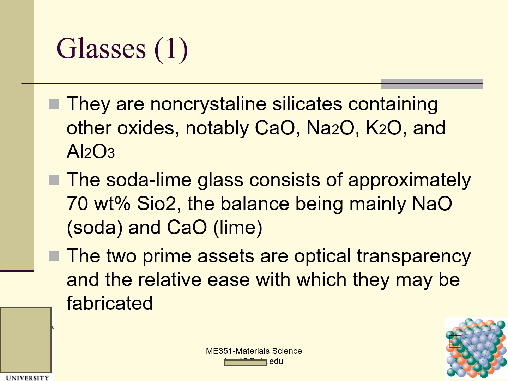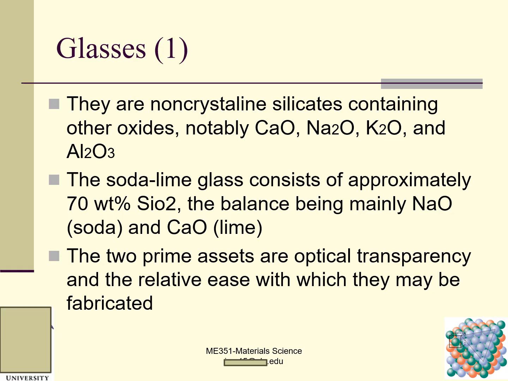The first category, glasses, are non-crystalline silicates containing other oxides, notably calcium oxide, sodium oxide, and potassium oxide, along with aluminum oxide. The soda lime glass consists of approximately 70% of silicon dioxide, SiO2.